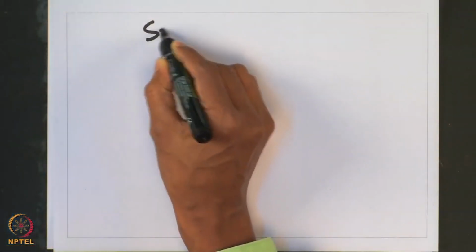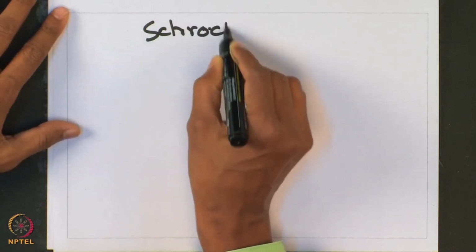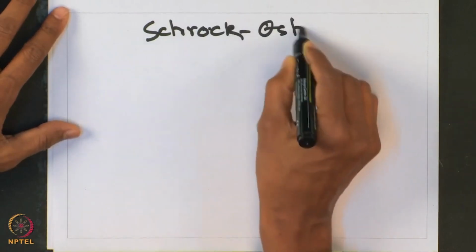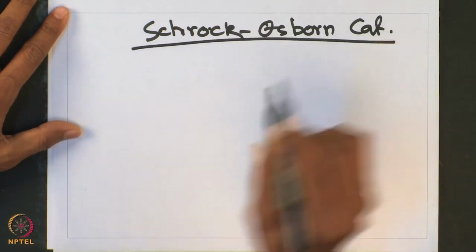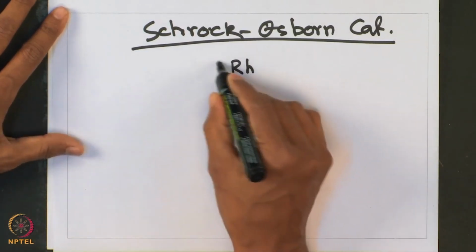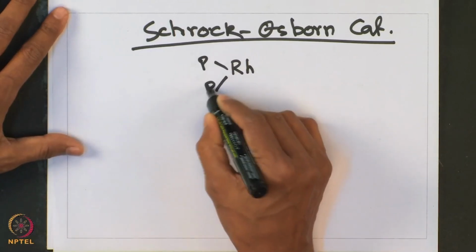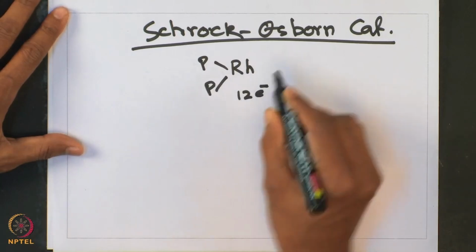So, Strock-Osborne catalyst mechanism. Well, it is a rhodium based catalyst. It is a rhodium bisphosphine complex, which is now a 12 electron species.